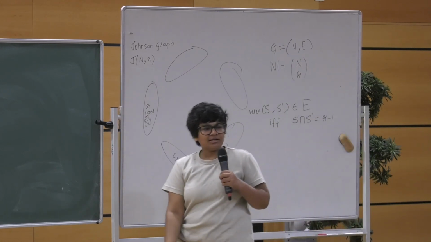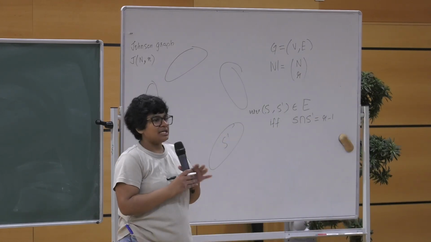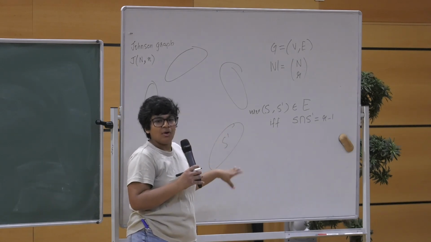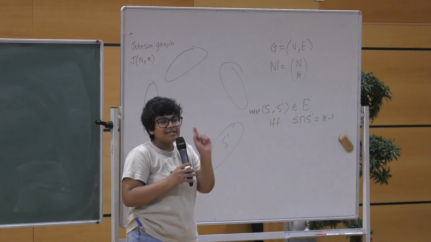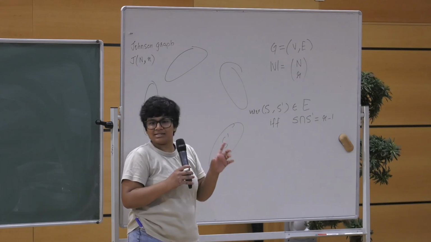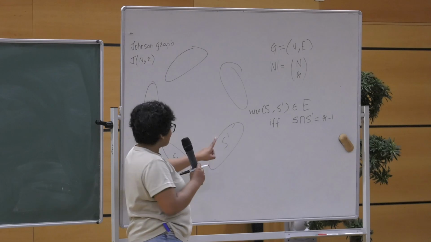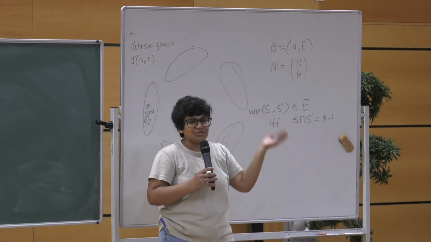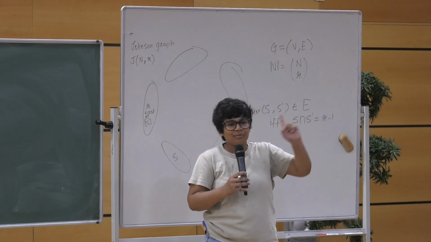What do I mean by that? All I'm saying is I connect two vertices of this Johnson graph only if they have exactly one element not the same and everything else is the same. They should agree on R minus 1 elements and only in one element should they differ. Then I put an edge.